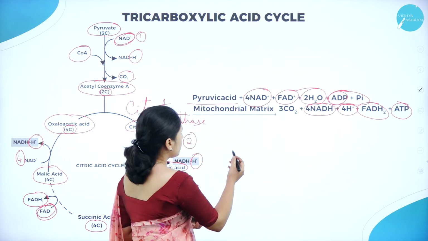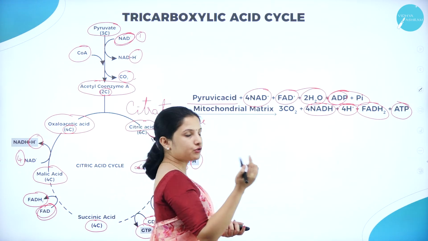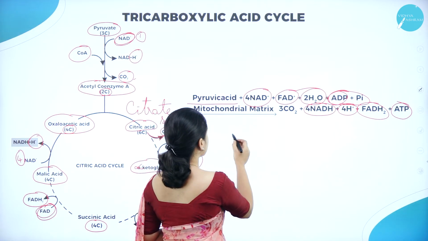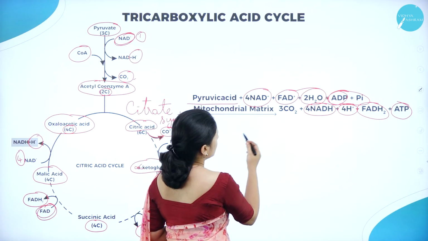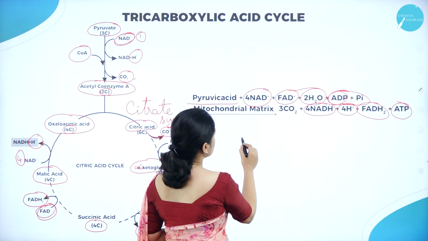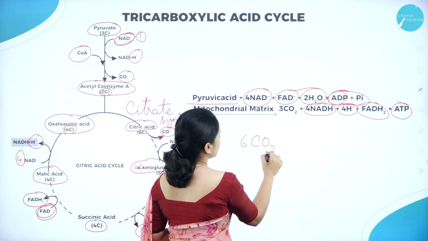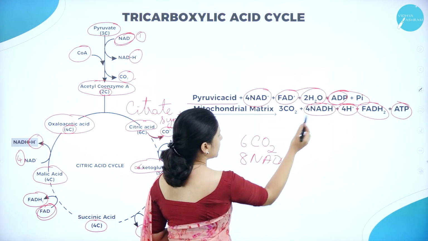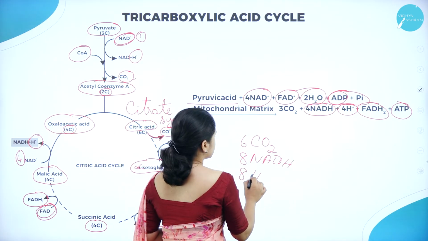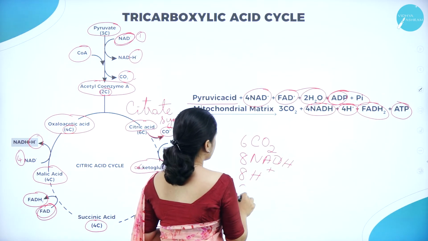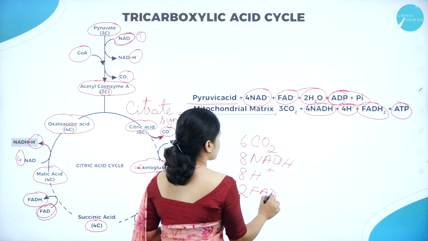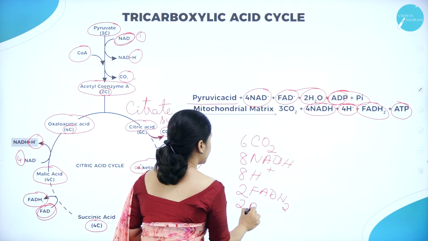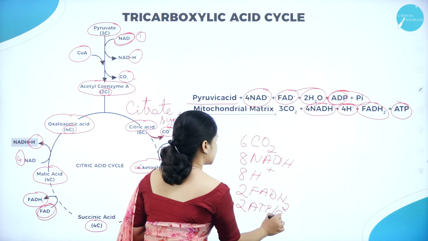So here it was 4 molecules. If it was 2 cycles, then at the end of the Krebs cycle, pyruvic acid will give out 6 molecules of carbon dioxide, 8 molecules of NADH, 8 molecules of H plus, 2 molecules of FADH2, and 2 molecules of ATP, or we can consider it as GTP.